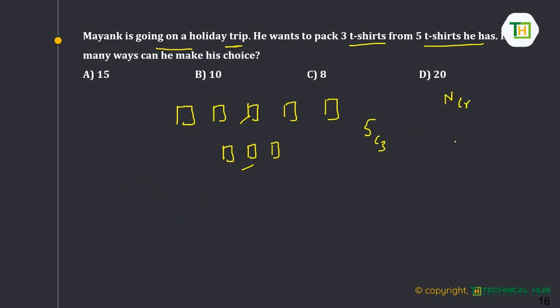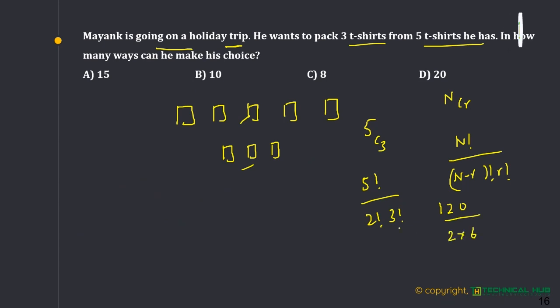So you know nCr is equal to n factorial by n minus r factorial into r factorial. So 5 factorial by, 5 minus 3 means 2 factorial into 3 factorial. So 5 factorial is nothing but 120. So 2 into 6, since 3 factorial is 6. So 10 ways is possible. Out of 5, he can select 3 t-shirts means 10 ways is possible.